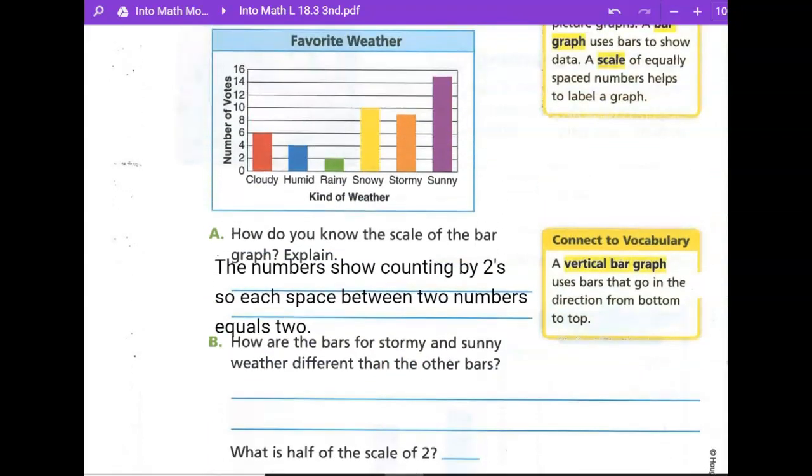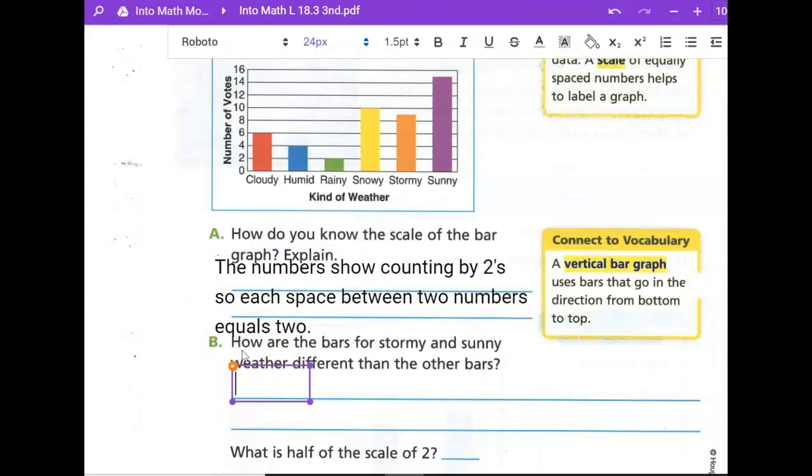Okay, let's look at these bars. Cloudy ends on 6, humid ends on 4, rainy ends on 2, snowy ends on 10. Stormy ends halfway between 8 and 10, which would be 9. And sunny ends halfway between 14 and 16, so 15 is halfway between 14 and 16.